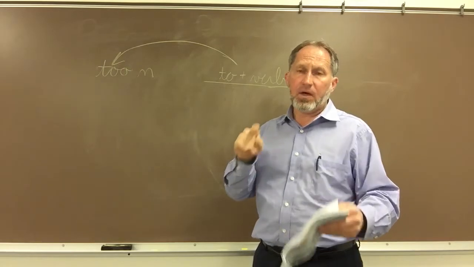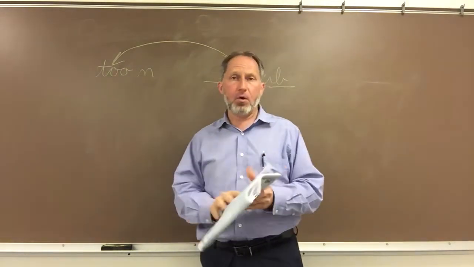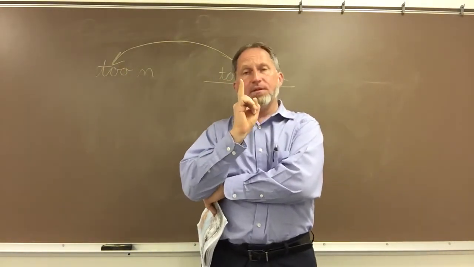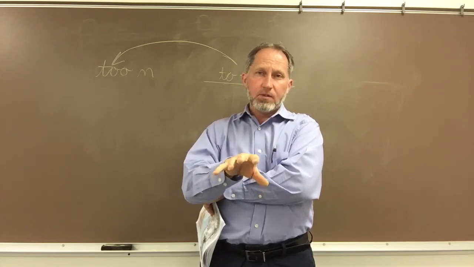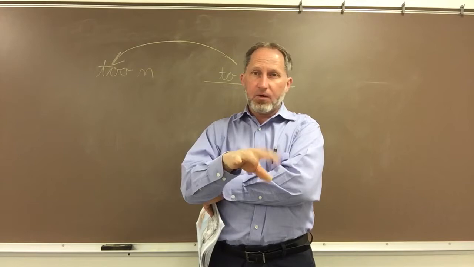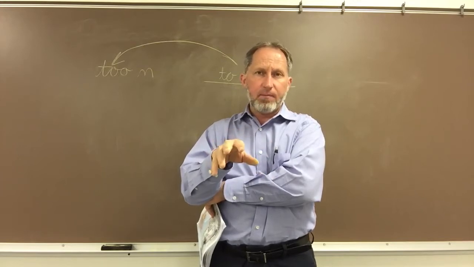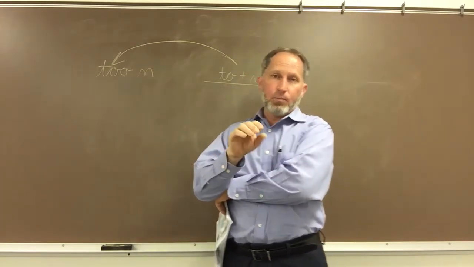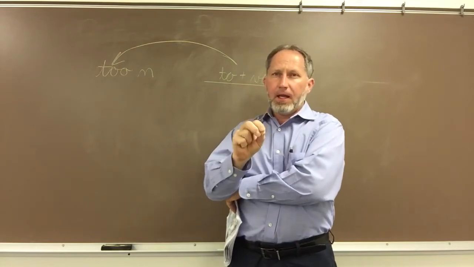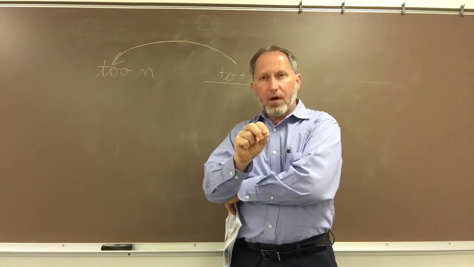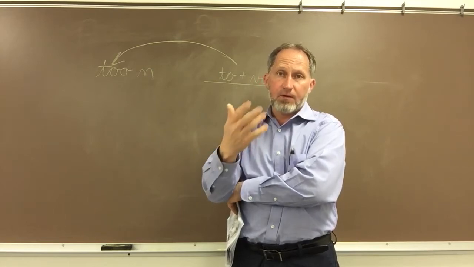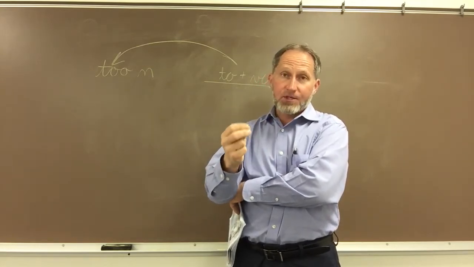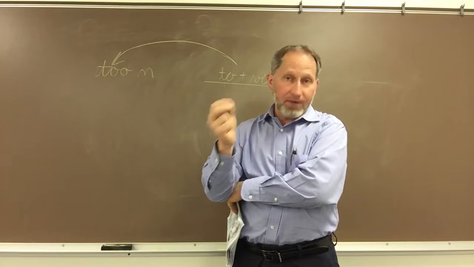Here's one that I know a lot of you struggled with on the diagrams on quiz 1. Probably I corrected it for you, but on the back page, a lot of you put an infinitive under the verb and called it an adverb phrase modifying the verb when it was actually a direct object.